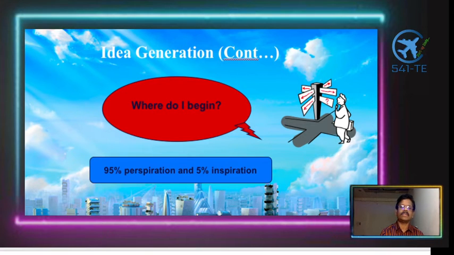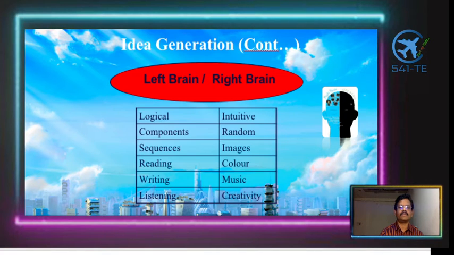This kind of deep involvement is required to get ideas. Only 5% of people get ideas out of inspiration or out of just taking somebody as a model. Otherwise, it is supposed to come from one's own inner side, inner experience.